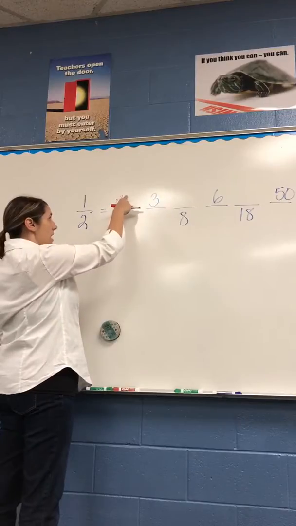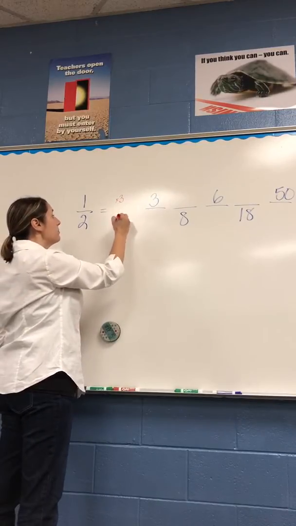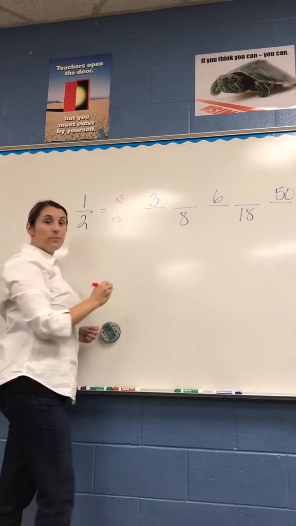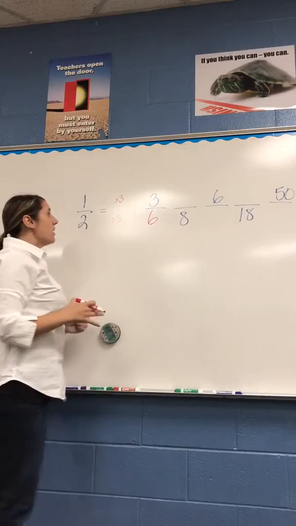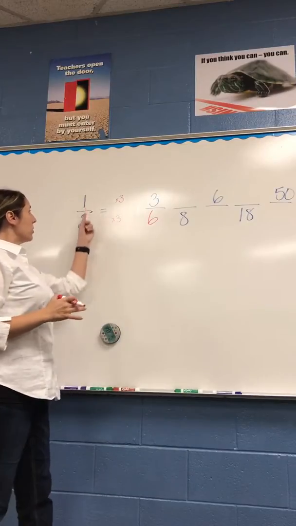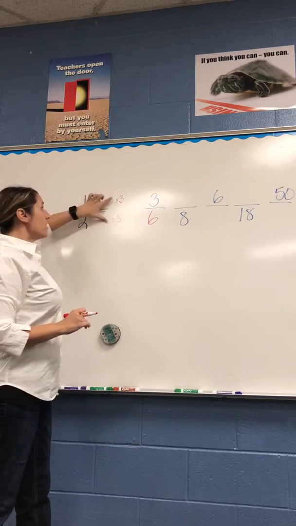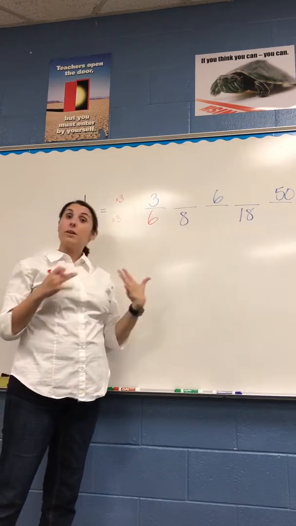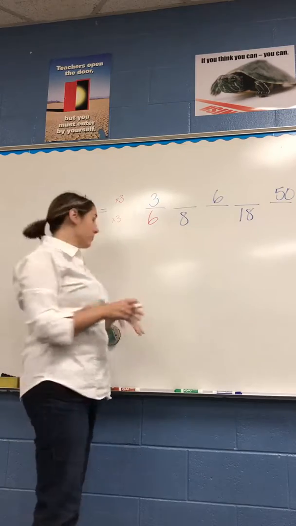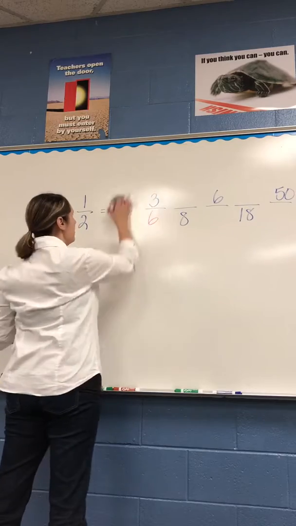So if I've done that to the top, I have to do this to the bottom. Times 3, times 3. What is 2 times 3? 6. So I figured out how to make an equivalent fraction. 1/2 equals 3/6. Because I know I have to multiply the top and the bottom by the same number, and it will be equivalent every single time, okay? You just kind of have to figure out what that number is and then do it to the other side.